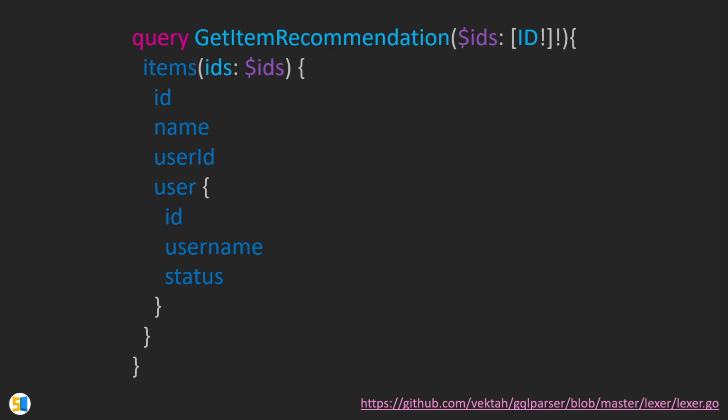So how does the tokenization work? The tokenization works by traversing each character from the beginning of the query. For example, the first character is an alphabet, so it will traverse until the last alphabet character, which is Y, and that becomes one token.